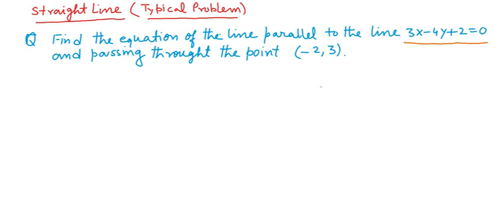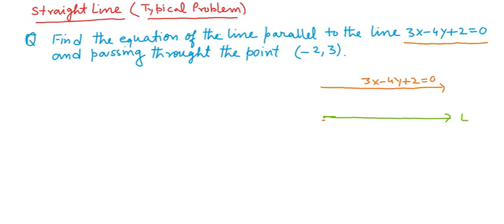Suppose this line is this, and the equation of this line is 3x minus 4y plus 2 is equal to 0. Okay, and we have to find the equation of another line. Suppose that line is this, L.